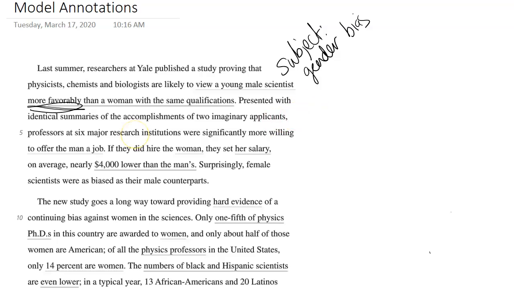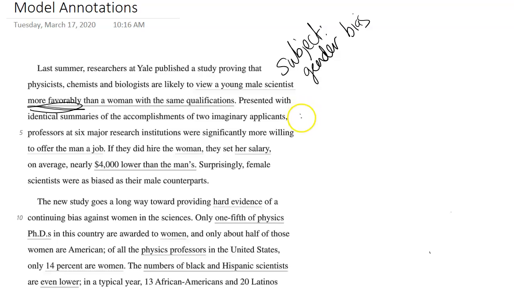Presented with identical summaries of the accomplishments of two imaginary applicants, professors at 6 major research institutions were significantly more willing to offer the man a job. If they did hire the woman, they set her salary on average nearly $4,000 lower than the man's. Surprisingly, female scientists were as biased as their male counterparts.